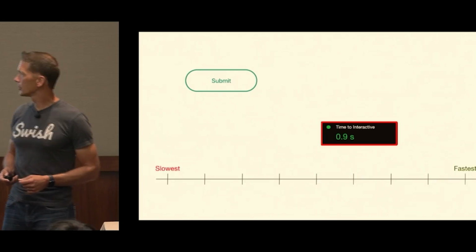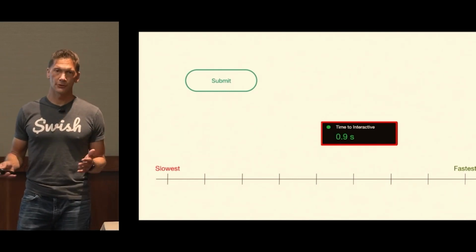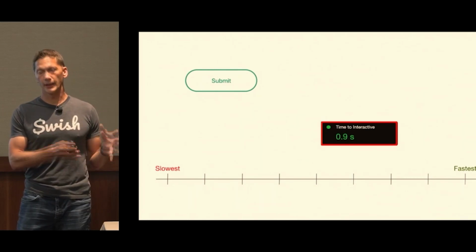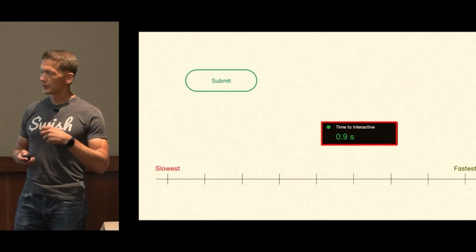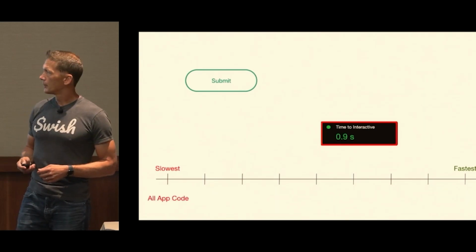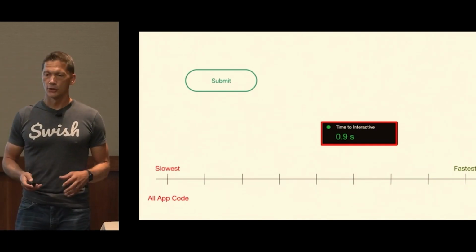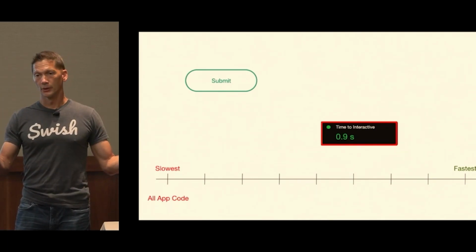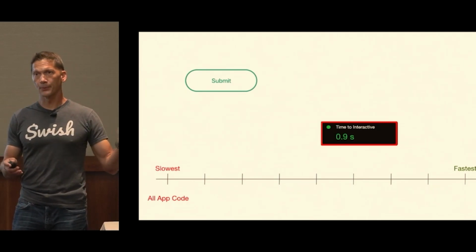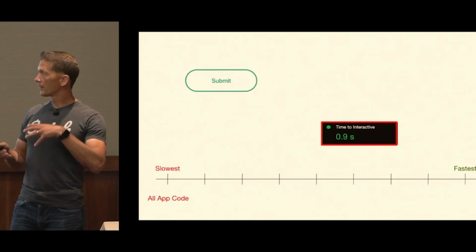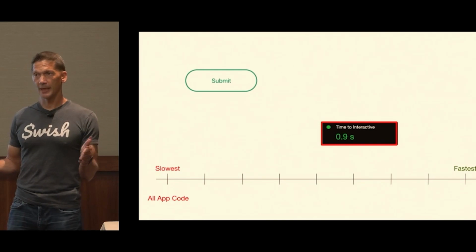The challenge is that when you think about the different approaches you can take when building a JavaScript-based application, the slowest thing in terms of time to interactive is when you have to package all of your code and deliver all of it, especially when it's a very large app with high complexity, to the client in order to make anything in your page interactive.